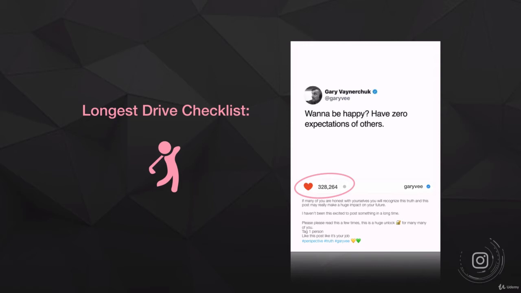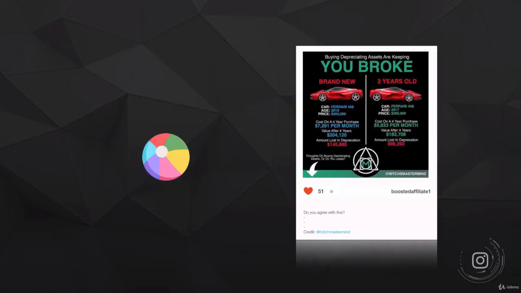It's got a lot of engagement on it, and you need to understand what factors went into this to get it to go as far as possible. Here's our shortest drive checklist, and you can see that it did not get a lot of engagement on this post. It was not very successful, and you need to then break these factors down into the shortest drive checklist.